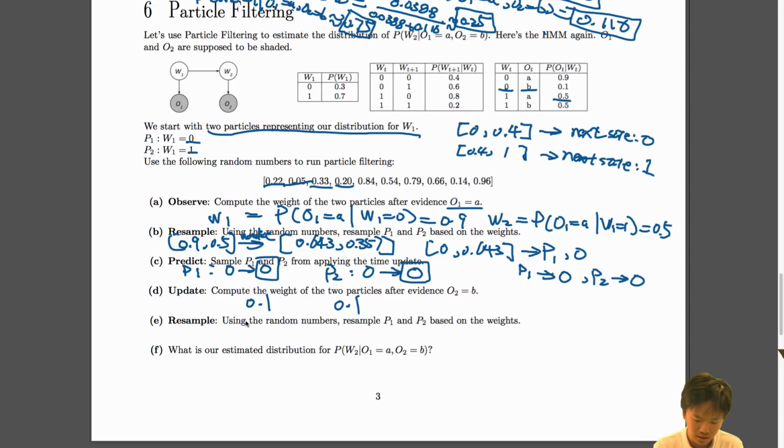And in part E, if we normalize the distribution, it's going to be 0.5 and 0.5 split between the two particles.